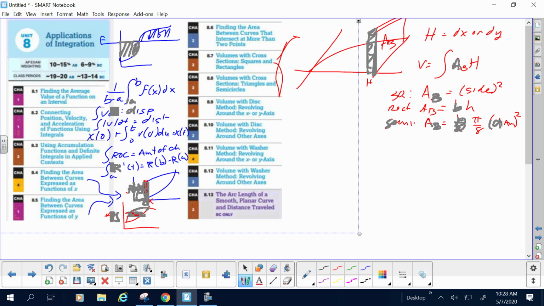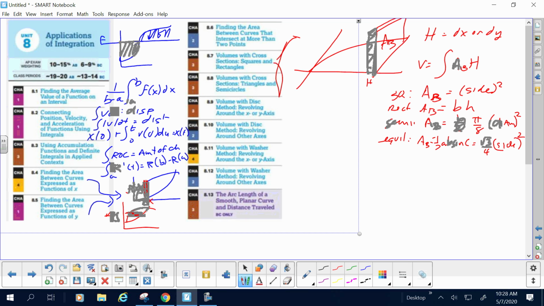And for equilateral triangles, it's usually area of the base is 1/2 AB sine C, because that simplifies to root 3 over 4 side squared. Isosceles triangles and right triangles are possible, I guess.